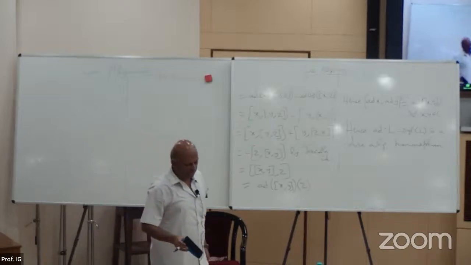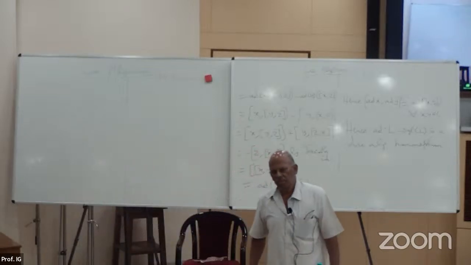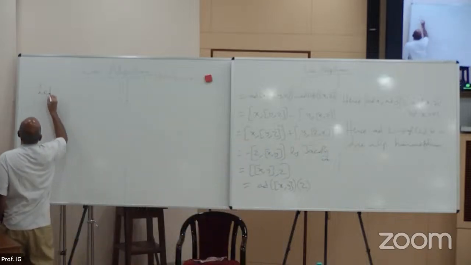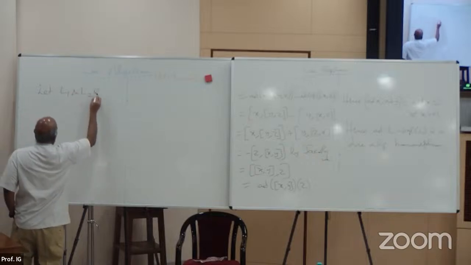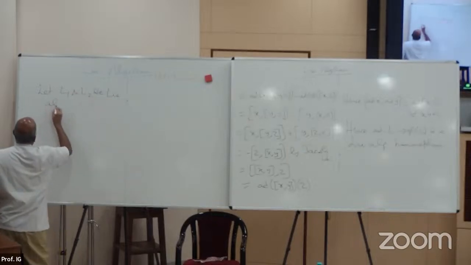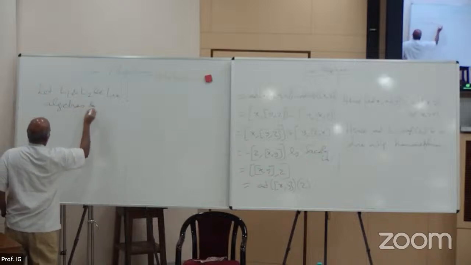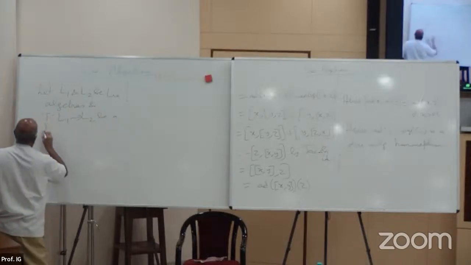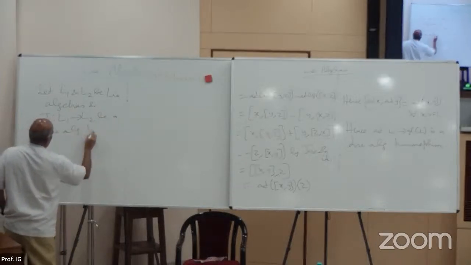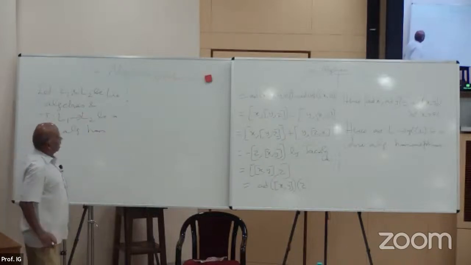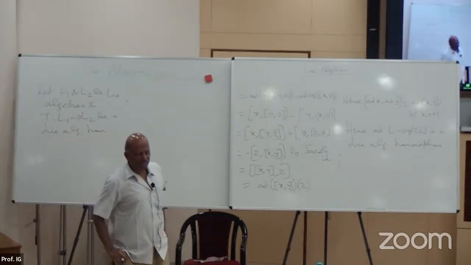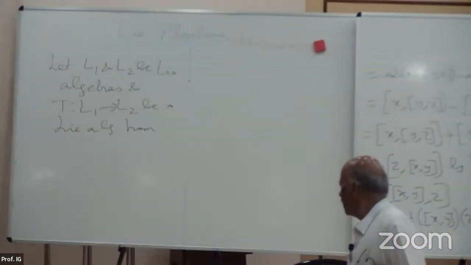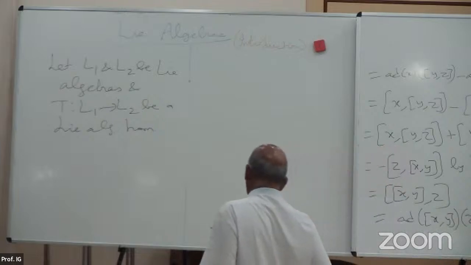So now we return to general Lie algebra homomorphisms. Let L1 and L2 be arbitrary Lie algebras. We have defined the Lie algebra homomorphism T from L1 to L2. It naturally gives two subalgebras.